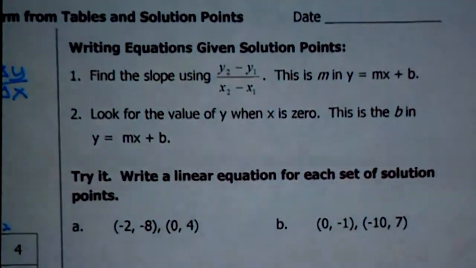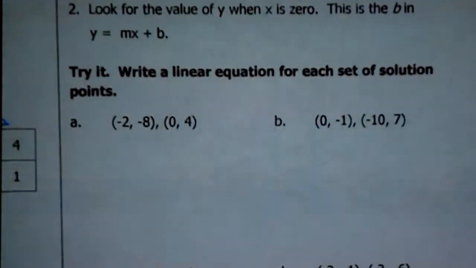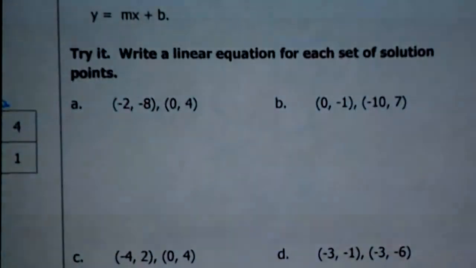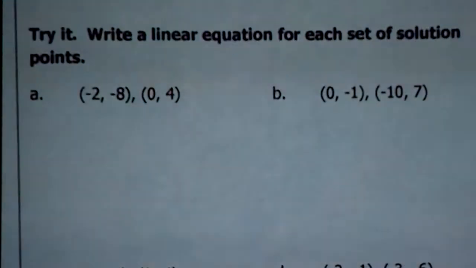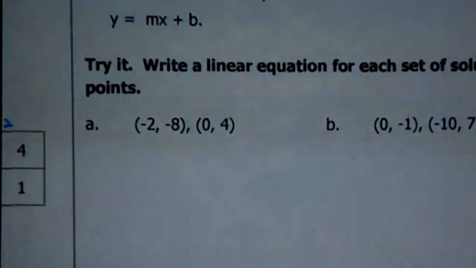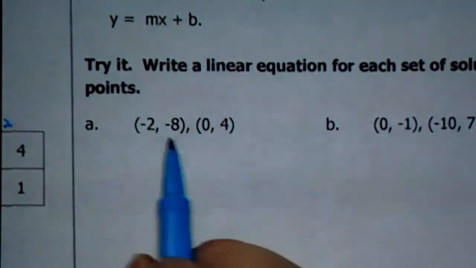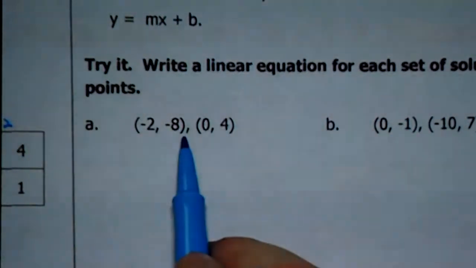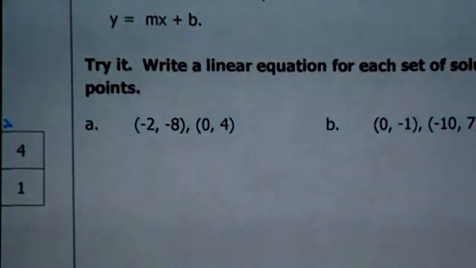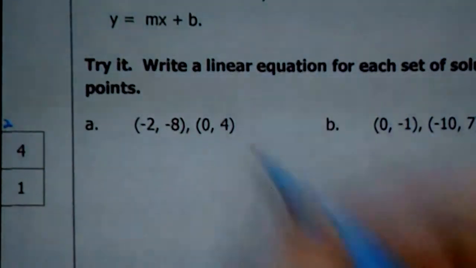Later on, I'll show you what to do when it doesn't come out all nice and pretty and you're not given the y-intercept. But not yet. All right, so here we have our little ordered pairs. These are our solution points, and I want to know what's the equation for the line that goes across those 2 points. That's all you need to find the solution.